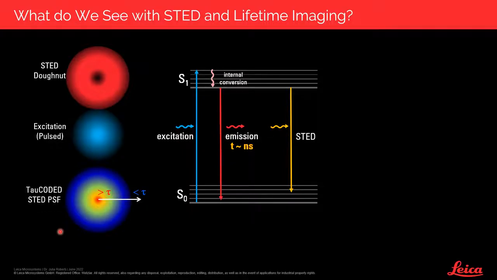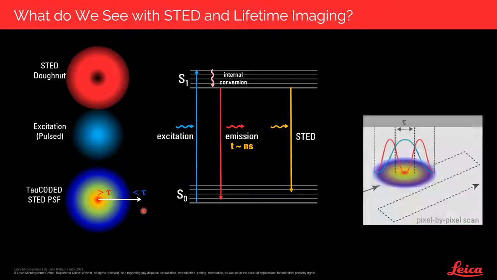And when we have access to lifetime-based information, the way that we will see this STED PSF is as a tau-coded STED PSF, in which we can now map these differences in lifetime-based information as a gradient in the values associated with the lifetime that we are measuring.